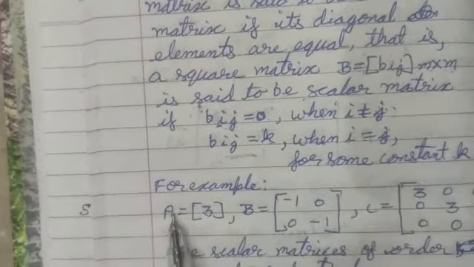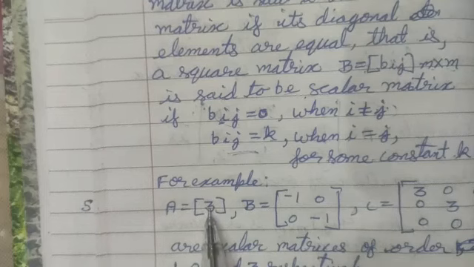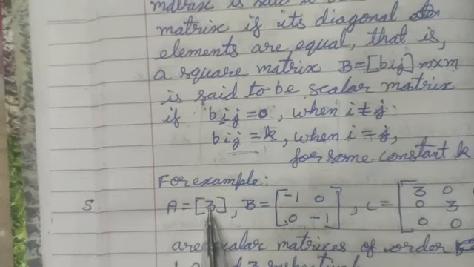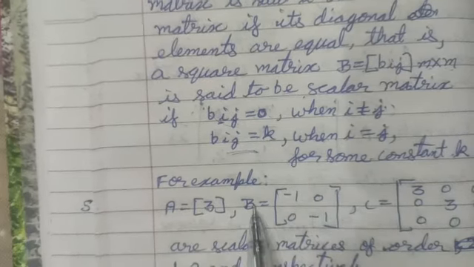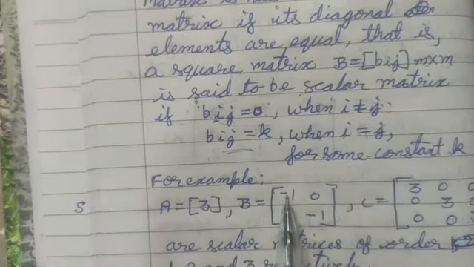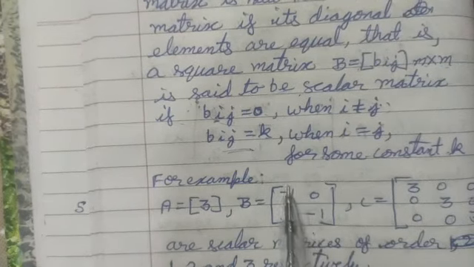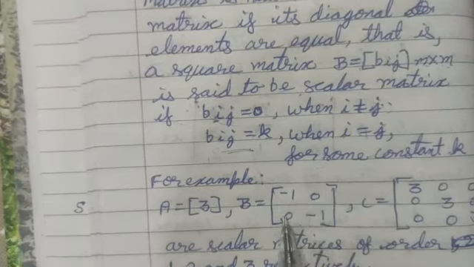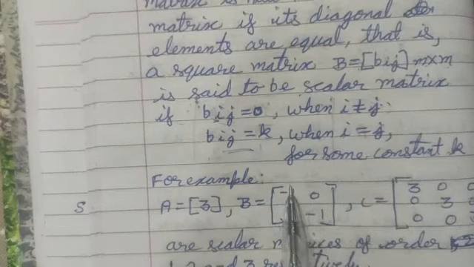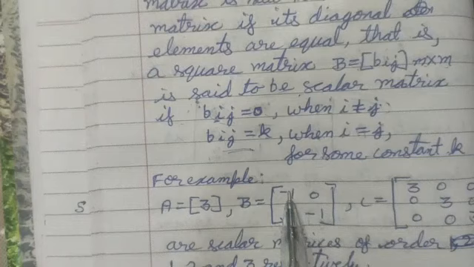As we see here, now there is matrix A of order 1. It has only one element, that is 3. It can be called a scalar matrix. Now in matrix B, except the diagonal elements, all other elements of the matrix are 0. Therefore it is a diagonal matrix, but the elements of the diagonal are the same.